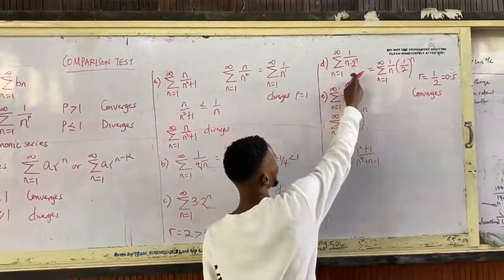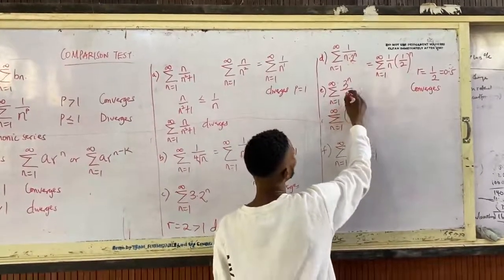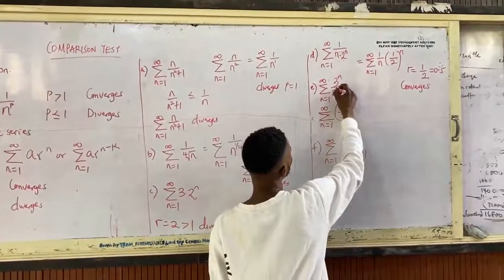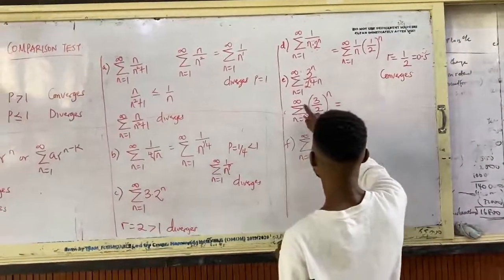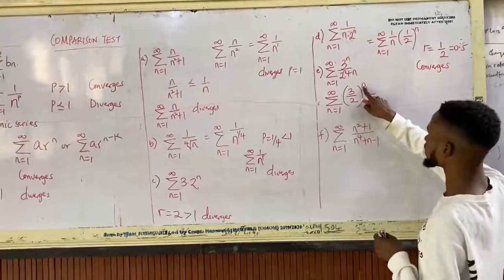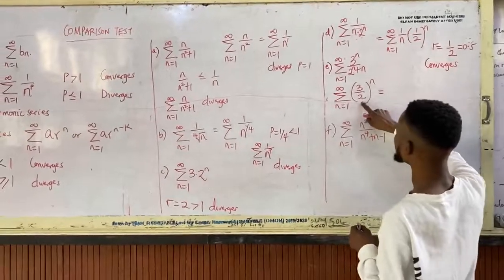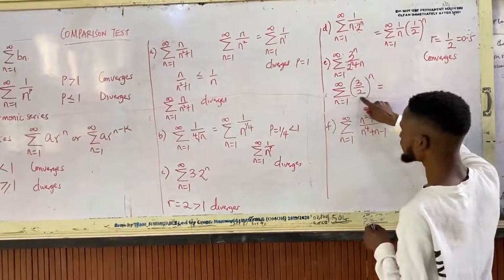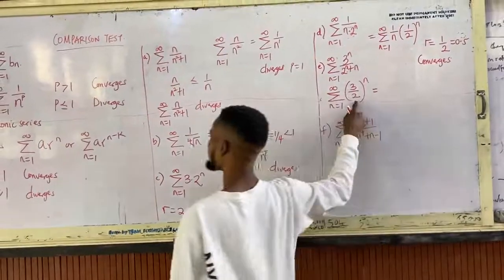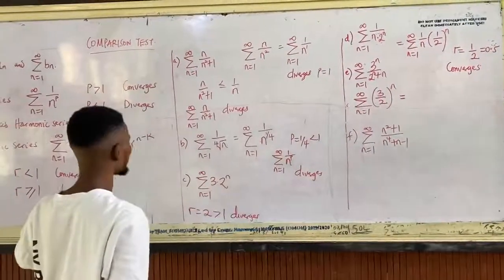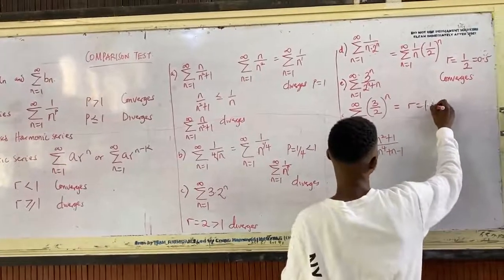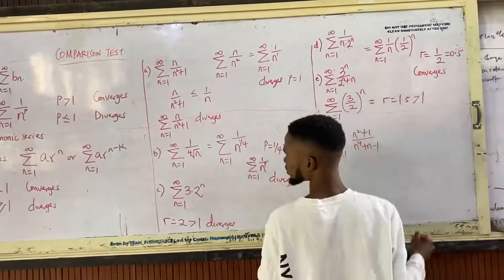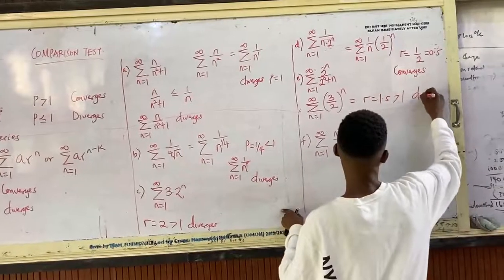This is 3 raised to power n and this is 2 raised to power n. So this is r raised to power n. The r is 3 over 2, which is 1.5. If r is 1.5, greater than or equal to 1, that diverges.